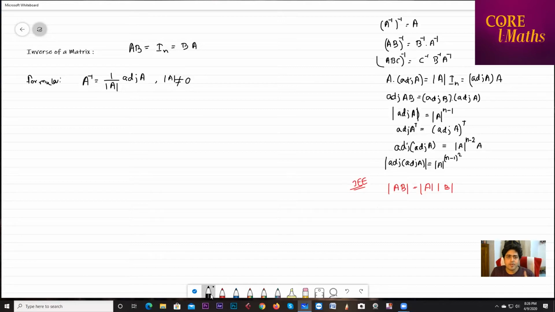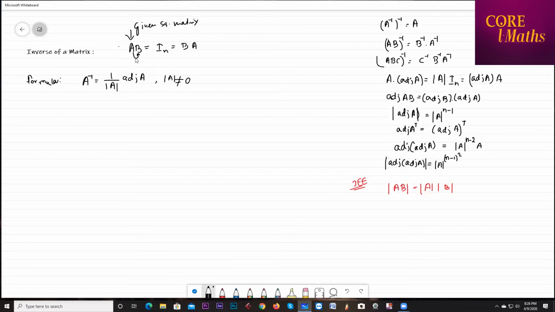So what is the invertible case? Suppose the matrix A is given, and B is such a matrix. A is the given square matrix, right?